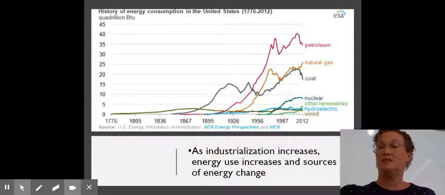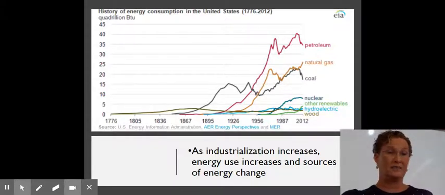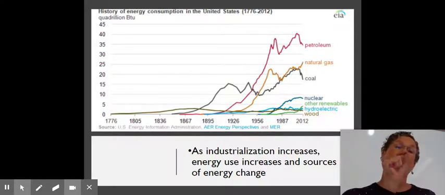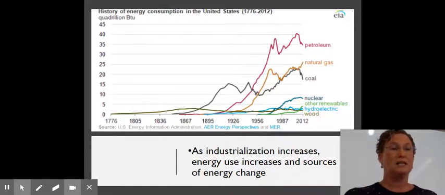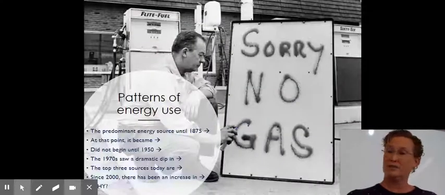The predominant use of energy until 1875, all the way through since 2000, what has been increasing. This is a really important skill to have for the AP test because you'll have to look and interpret graphs and answer questions like that. Okay, so pause and answer these questions.